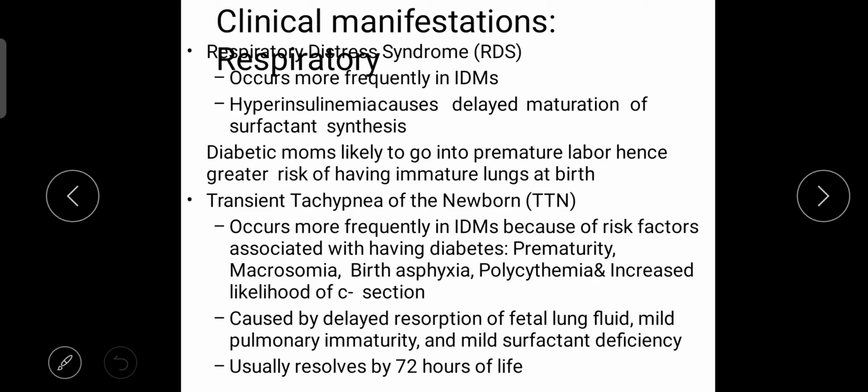Transient tachypnea of the newborn also occurs more frequently in IDM because of risk factors associated with diabetes: prematurity, macrosomia, birth asphyxia, polycythemia, and increased likelihood of C-section. It is caused by delayed reabsorption of fetal lung fluid, mild pulmonary immaturity and mild surfactant deficiency, and it usually resolves within 72 hours of life.